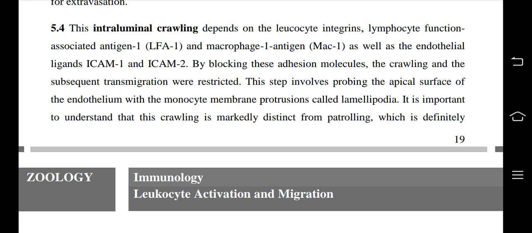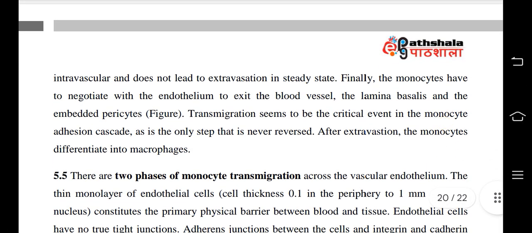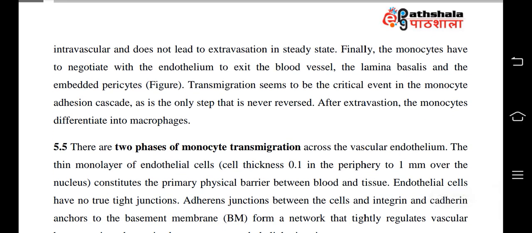By blocking these adhesion molecules, the crawling and the subsequent transmigration were restricted. This step involves probing the apical surface of the endothelium with monocyte membrane protrusions called lamellipodia. It is important to understand that this crawling is markedly distinct from patrolling, which is strictly intravascular and does not lead to extravasation in steady state.